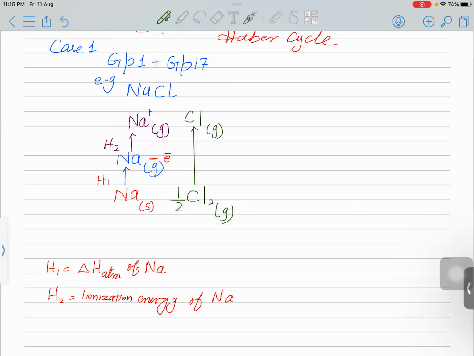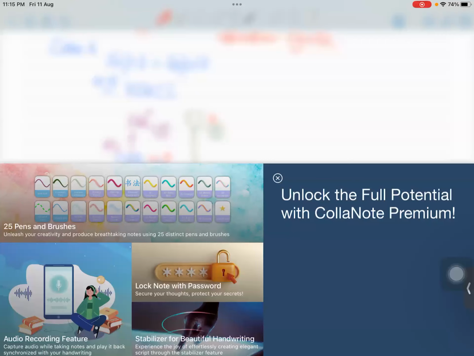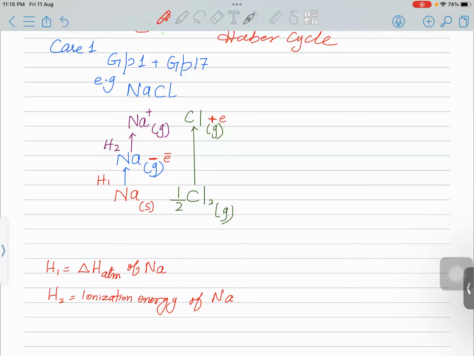Now, one electron is given to this chlorine. Now this time plus electron. This energy is called H3. Yes. Can you tell me the name of this energy?